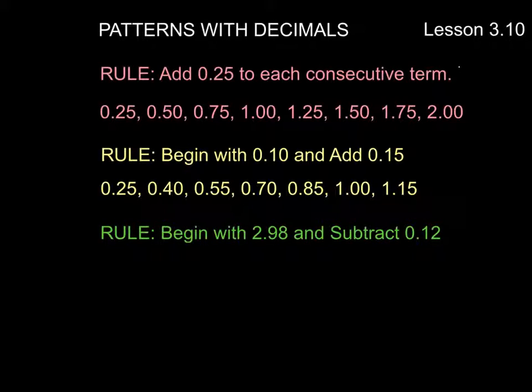Our final rule is to begin with 2 98 hundredths and to subtract 12 hundredths to each consecutive term. So if we can just forget about the 2 whole for a second, because we're not going to go below it, 98 hundredths minus 12 hundredths is 86 hundredths.